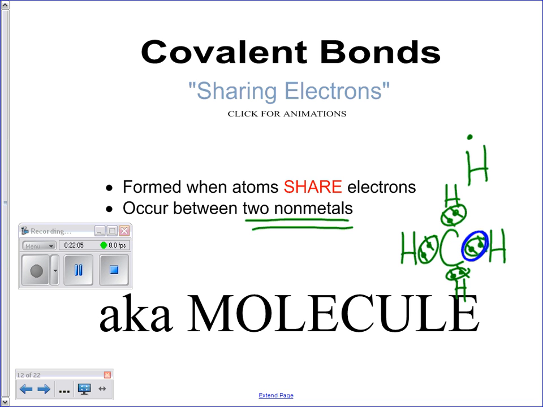And so because of the sharing of these electrons, they fulfill their octet, or in the case of hydrogen, duplet. Just like in an ionic compound, it was called a formula unit. A covalent compound, the term for that is called a molecule. So you do need to know, if I ever on a test or a quiz say this is a molecule, first thing that needs to go off is this is a covalent bond. This is going to be a nonmetal to a nonmetal.